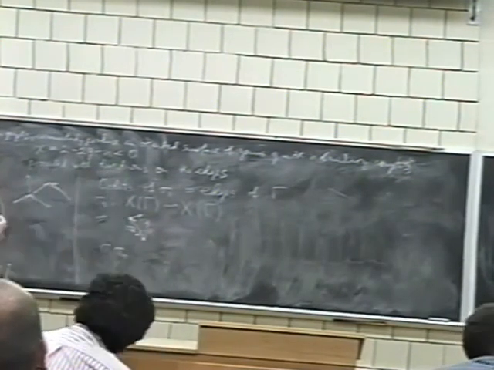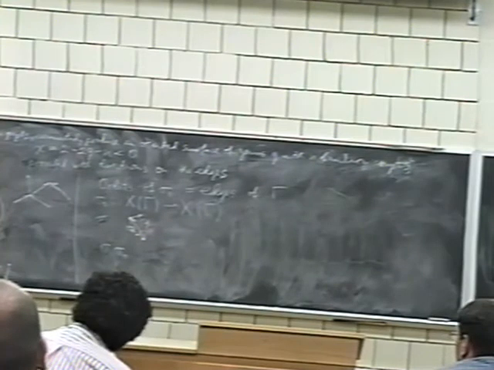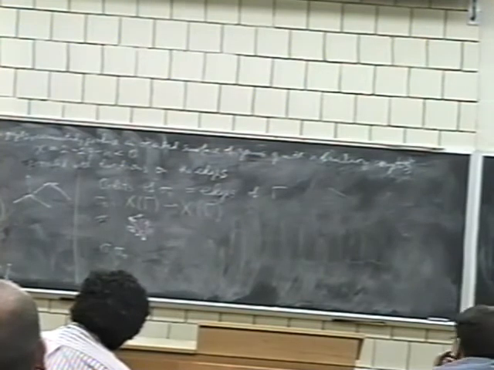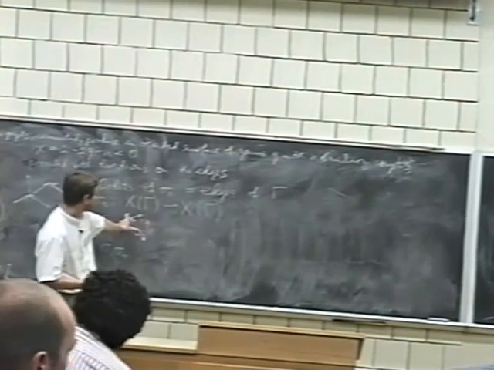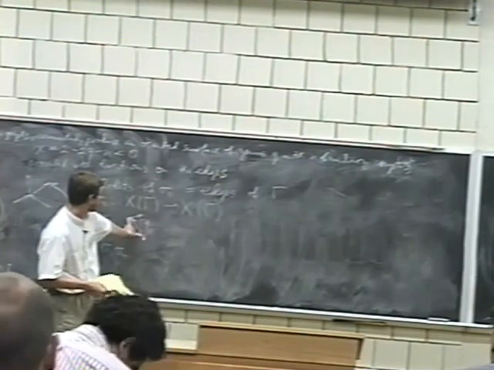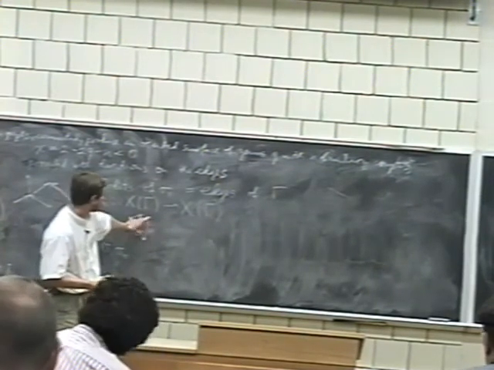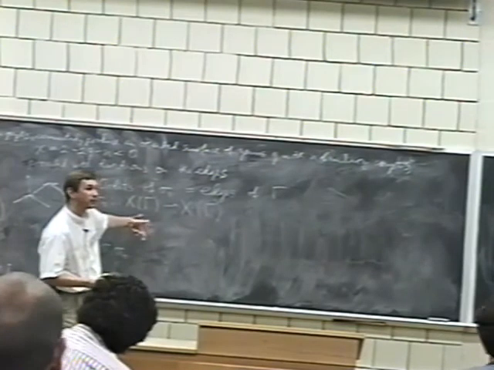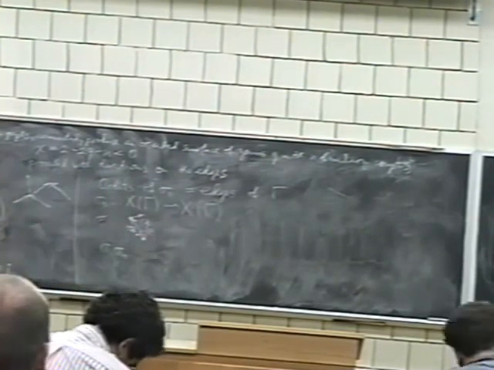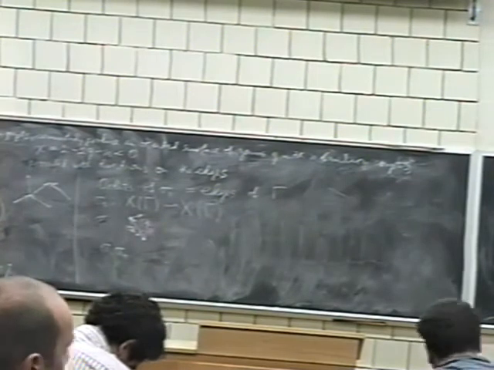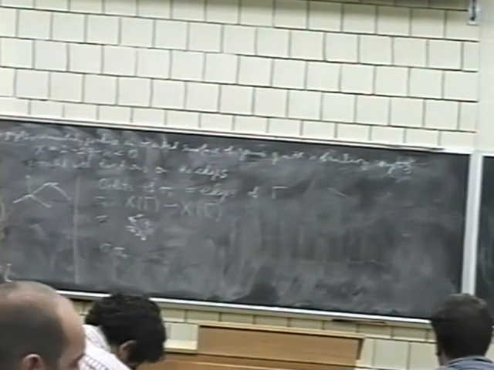It's not on the set of directed edges. It's on the set of all possible choices of directions on the edges. So if you have an edge which is directed like this, then you would move it to the white one over here. X of gamma is the set of all possible orientations, directions on the edges of the graph.